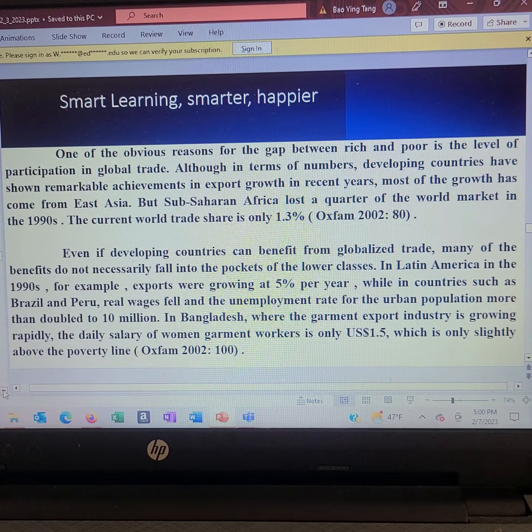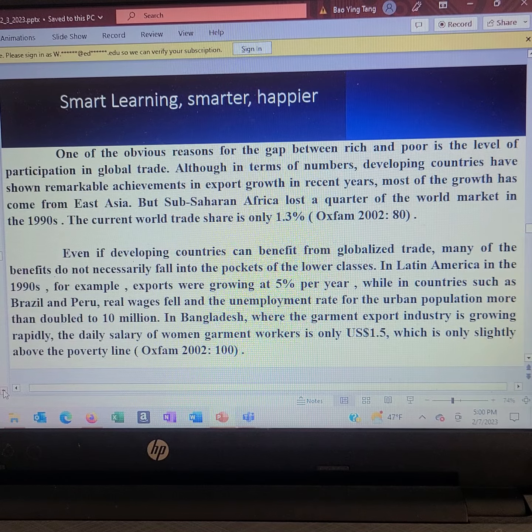Even if developing countries can benefit from globalized trade, many of the benefits do not necessarily fall into the pockets of the lower classes. In Latin America, in the 1990s, for example, exports were growing at 5% per year, while in countries such as Brazil and Peru, real wages fell and the unemployment rate for the urban population more than doubled to 10 million.